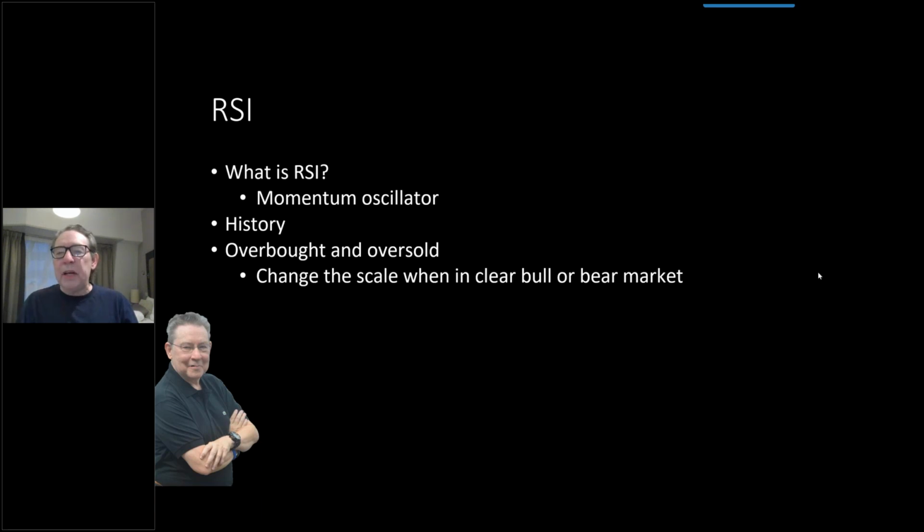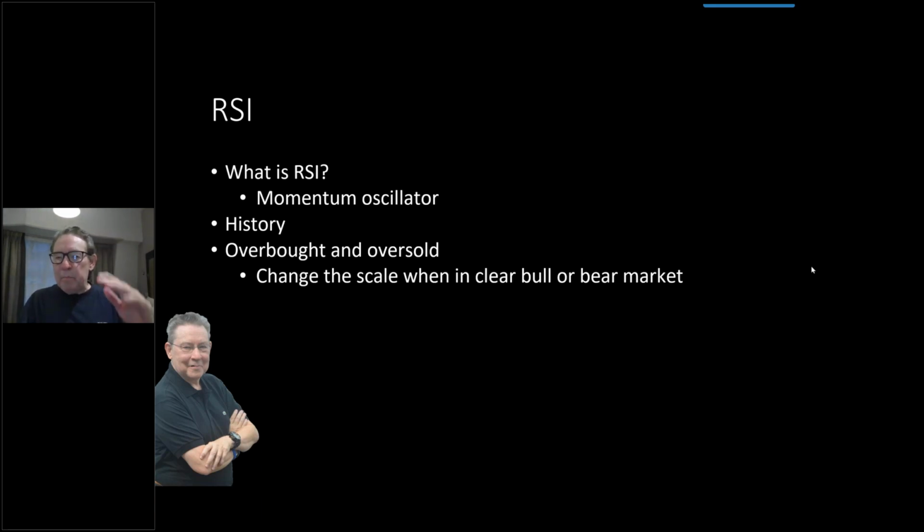But let me give you one tip right away. Let's start to make some improvements on this very valuable indicator. If you're in a clear bull market, a big bull market like the stock market has been basically in the last year, maybe not the last couple of months, but let's say the first 10 months after March of last year, you change the scale and you move overbought to 80.